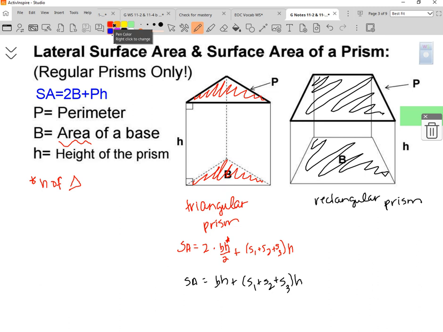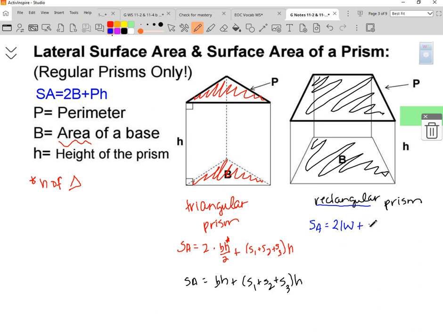Next, are you keeping up? So the surface area is 2 times the area of the base, but the formula for the base of a rectangular prism is length times width, right? The formula for a rectangle is the length times the width.